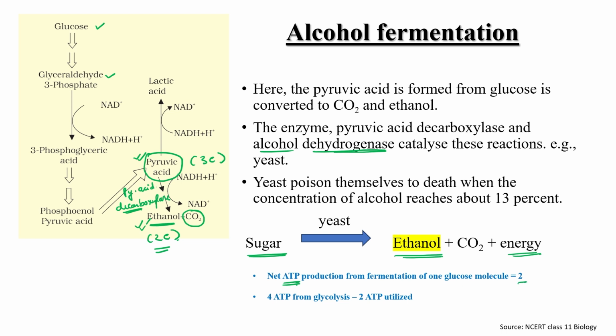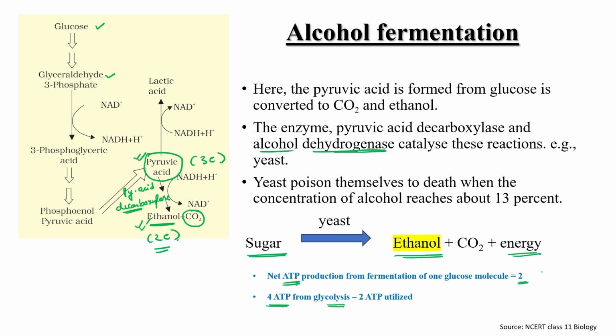Only 2 molecules of ATP. As we have just discussed in the glycolysis pathway, 2 ATP net profit. And in this process only NAD has been produced, there is no ATP formation. Total 4 ATP has been produced from glycolysis, but 2 ATP has been utilized in the first 2 steps we have just discussed.